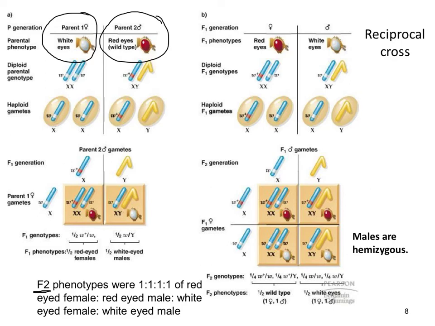So the F2 phenotypic ratios are different between reciprocal crosses, and that's something that is commonly associated with sex linkage. In this example, we've got a 1:1:1:1 ratio: red-eyed female, red-eyed male, white-eyed female, white-eyed male. And you can see why that would be the case by looking at the genetics here.